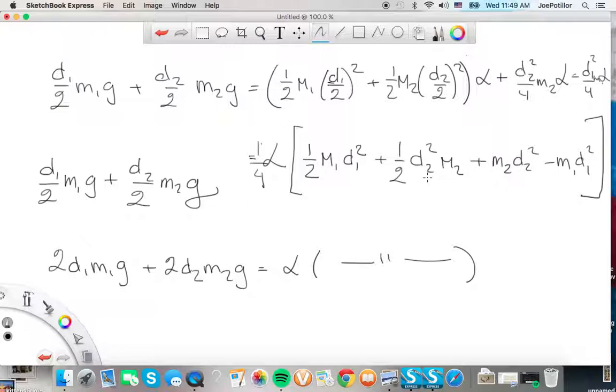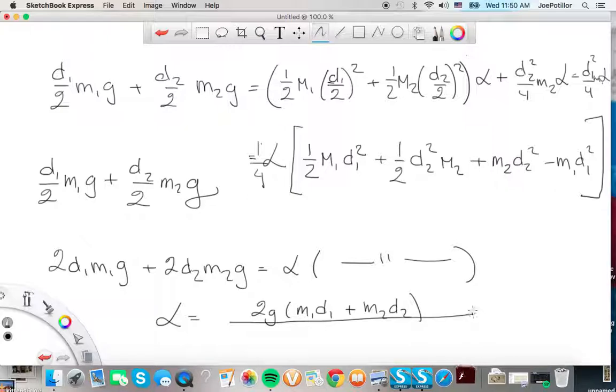All right. And so the angular acceleration, after all that painful work, is factor out 2g all over, you think there's anything we can factor out of here? Of course there isn't.